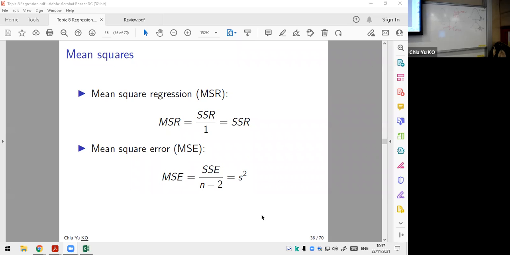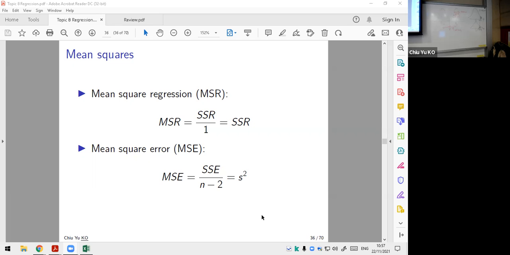If this guy is small compared to this guy, then beta should be 0, right? If this one is very big, then beta cannot be 0.